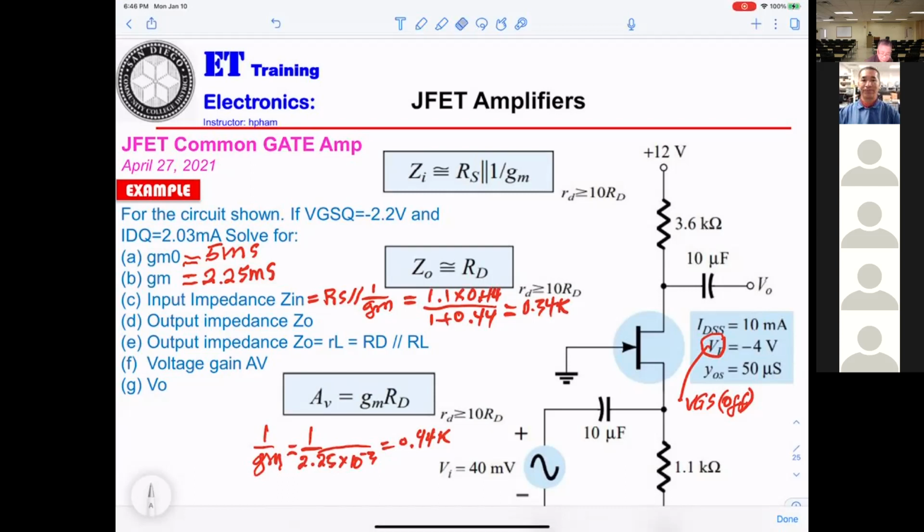So I get 314 ohms. Exactly. 0.344. Yeah. 0.31. ZOUT equal RD, 3.6K.